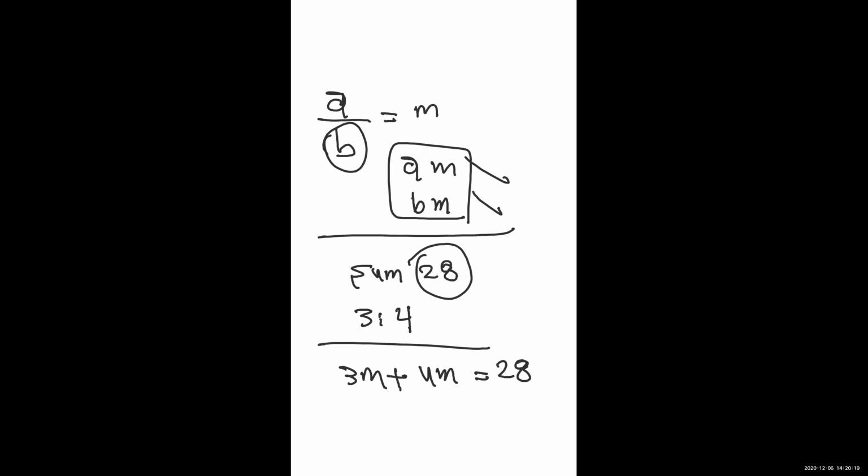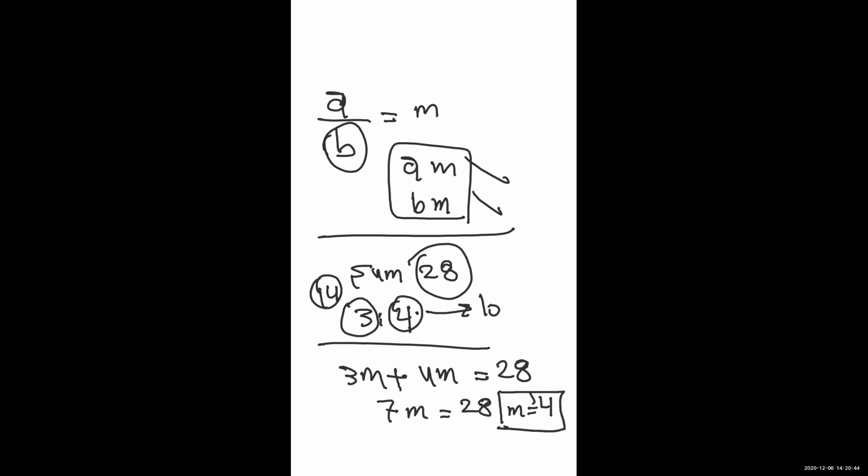So 7M equals 28, so M equals 28 divided by 7, which equals 4. The first number, 3M, means 3 times 4, so 12. And the second number, 4M, is 4 times 4, which is 16. So the numbers are 12 and 16. This point is clear, guys?